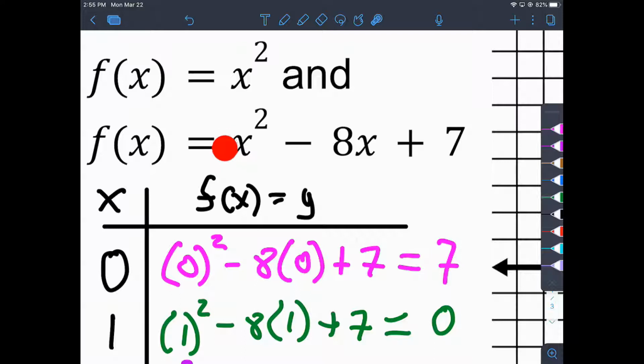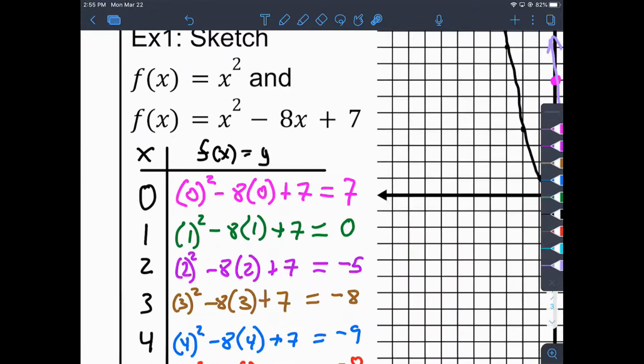It's just going to be the standard, just like the parent function up here. However, we see this plus 7 and know that, oh, it's going to do a shift. In fact, it's going to do a shift up because it's a plus. It's going to shift it up 7. Or better words, now that the B value is here, it would be better to say that it's going to intercept the y-axis at 7.